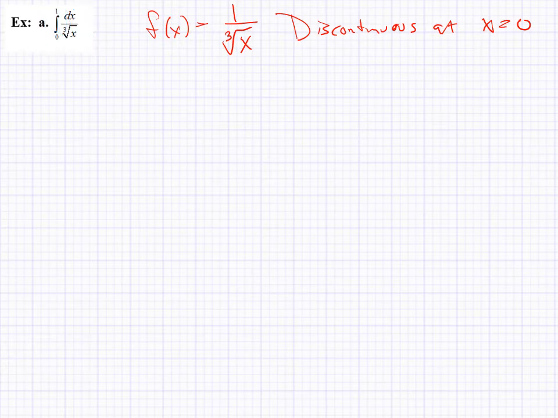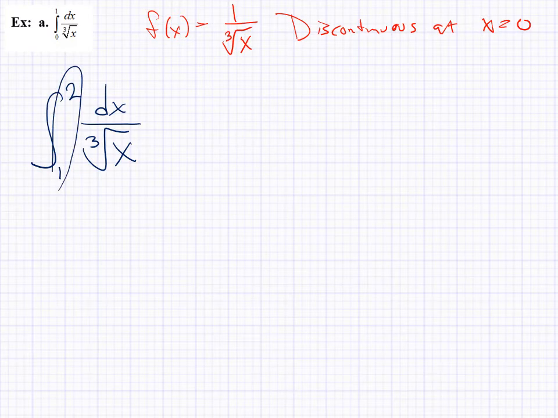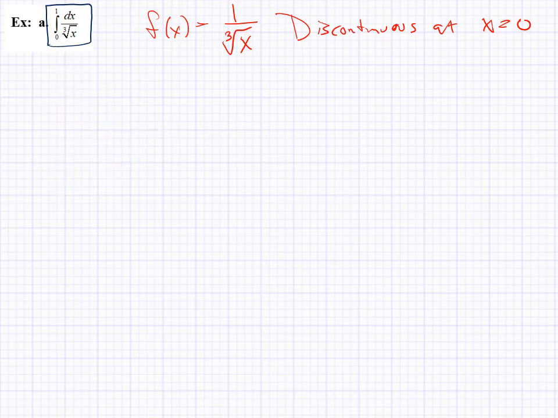If I gave you this integral from 1 to 2 of dx over the cube root of x, that is not an improper integral, in that 0 is not in this interval anywhere, and therefore this function is continuous on that entire interval, even the endpoints, and this is just a plain old integral you would have done back in Calc 1. But it looks very similar to this one, except for that slight change in the interval in which we're integrating over. So that's something you're going to have to pay very close attention to from now on.